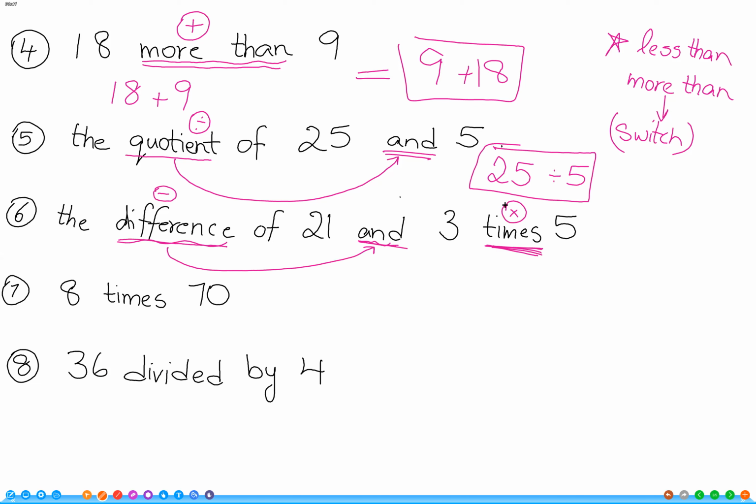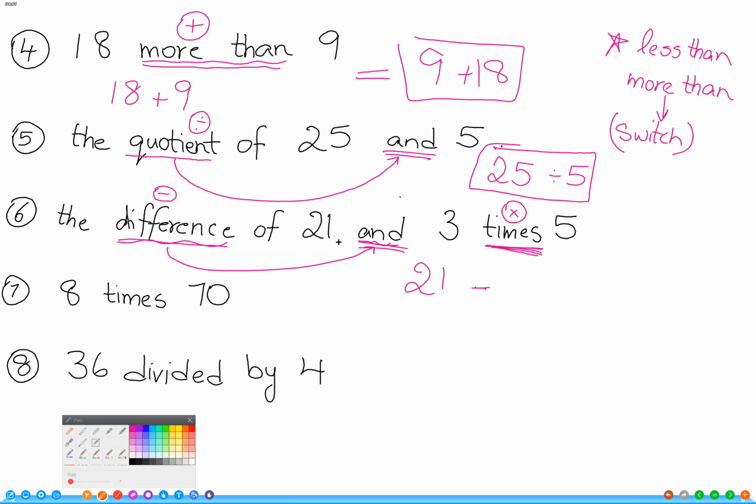Most of the students would get confused in this example because we have subtraction and multiplication in the same sentence. However, the order is extremely clear. It says the difference of 21 and, therefore we write 21 minus, and the word "and" separates the two numbers.